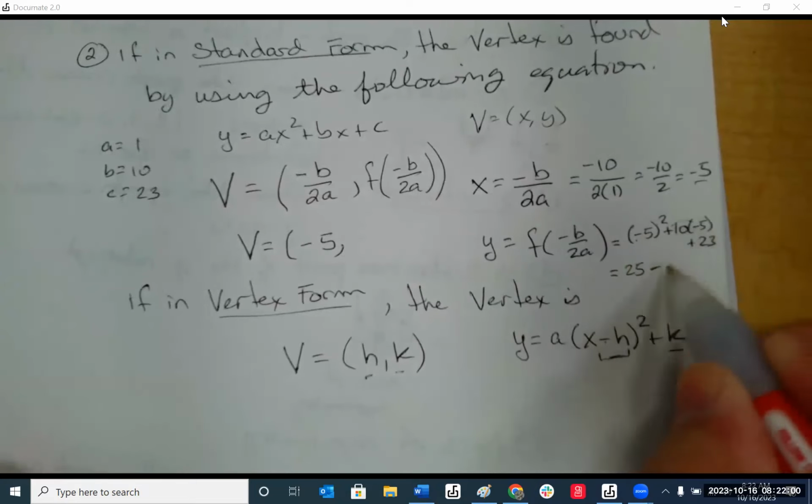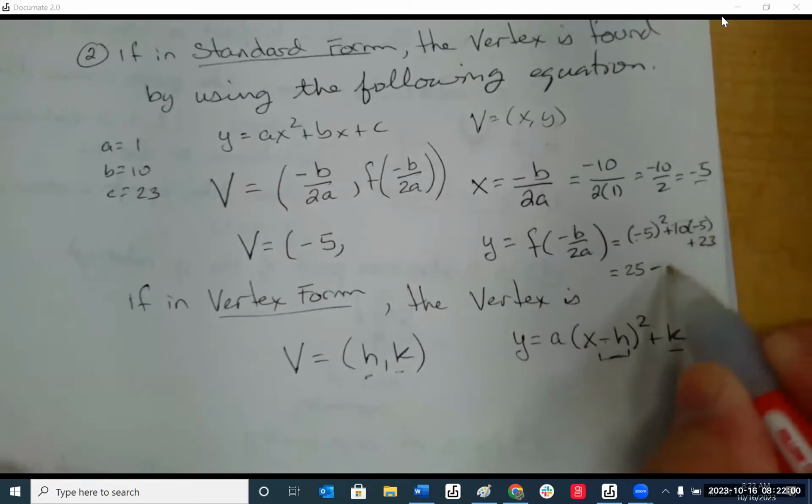Since the y-intercept is a point, how is it situated from the vertex? It's 5 to the right and all the way up to y equals 23. So it's up 23, 24, 25 spaces. So we can go the other direction. 1, 2, 3, 4, 5 to negative 10 now and go up 23 spaces.